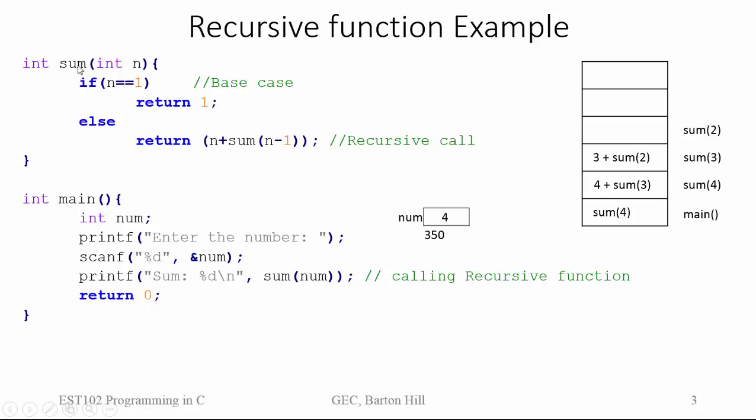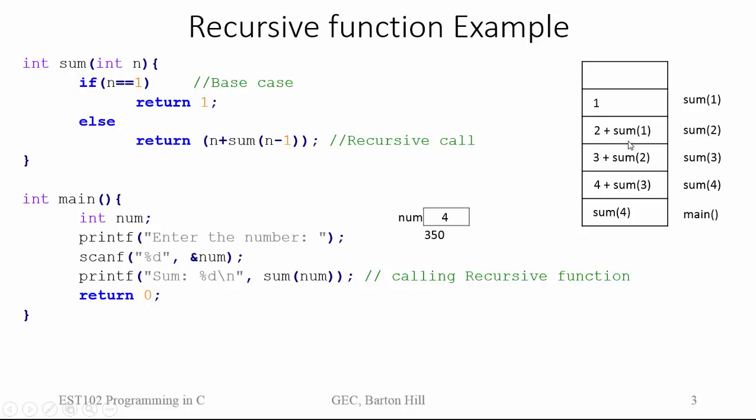Here 2 equal to 1 is false, so again 2 plus sum of 1 will be returned, so sum of 1 will be called. Again we are recursively calling the sum function. Sum of 1, here 1 equal to 1 is true, so sum of 1 will return the value 1 to the previously called sum function.